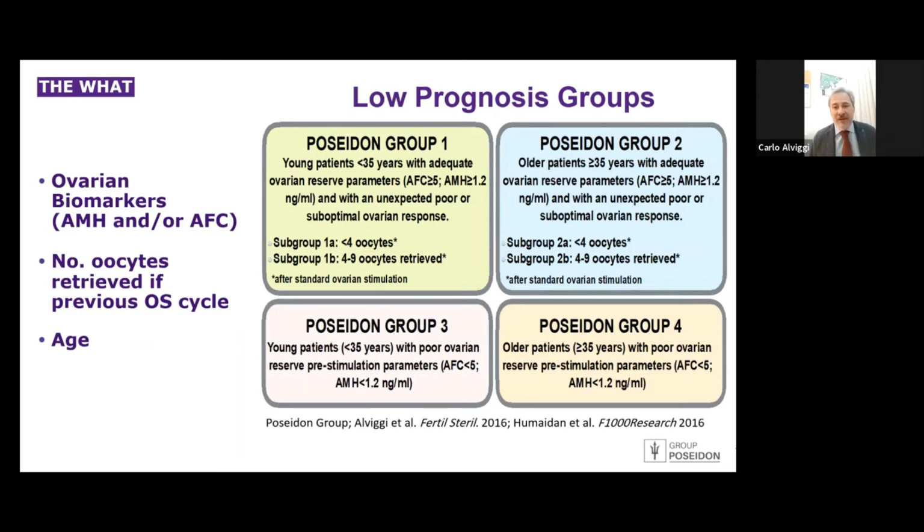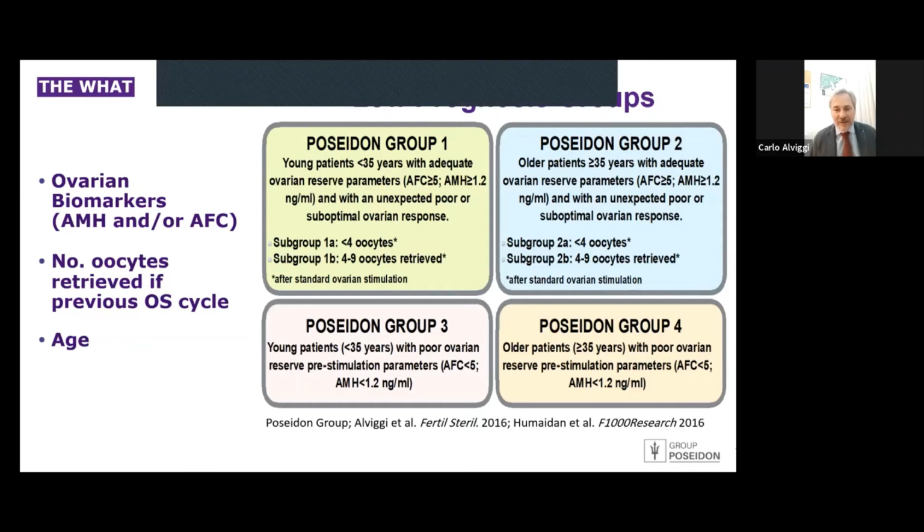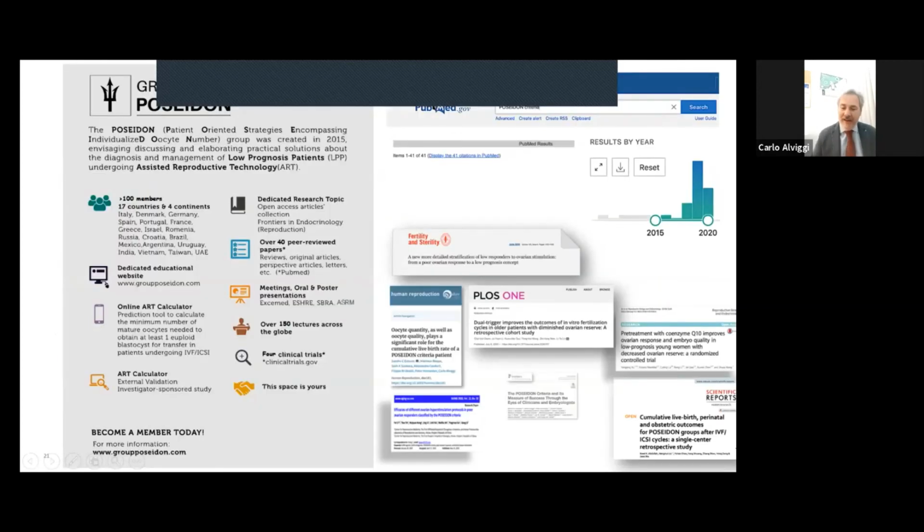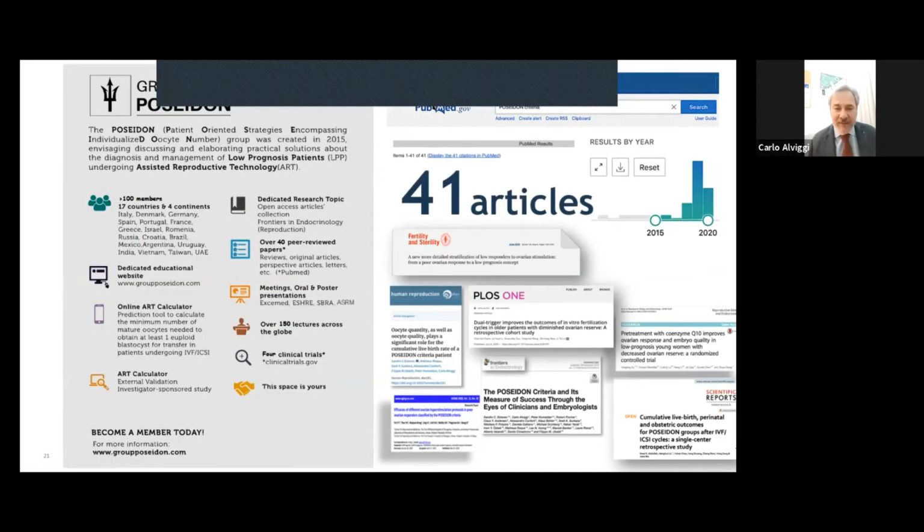But please note that our cutoff is 35, because 35 is the moment where the rate of aneuploidy increases dramatically year by year. In groups 1 and 2, the concept of ovarian sensitivity is there. Groups 1 and 2 are patients that had at least 1 previous stimulation, moved from a good ovarian reserve, but had an unexpected poor ovarian response.